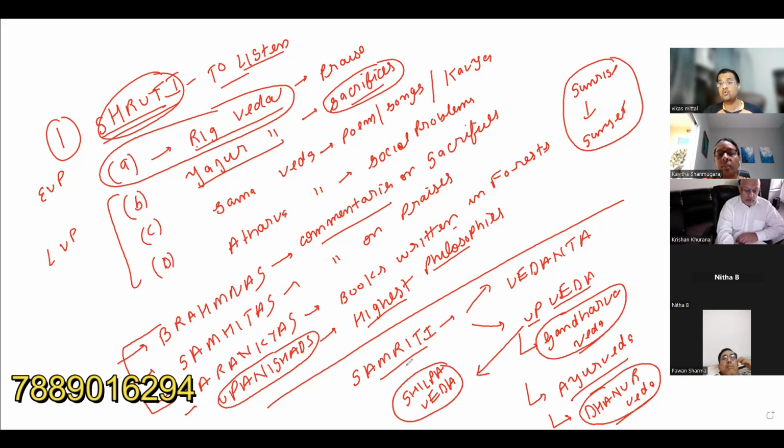Shilpaveda means how we construct spiritual buildings. Like the temples have flags, or the temples have a pyramidal shape. The gurdwaras have these dome types.